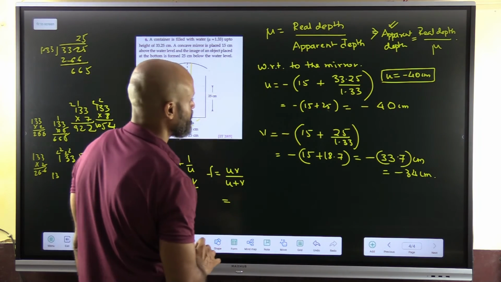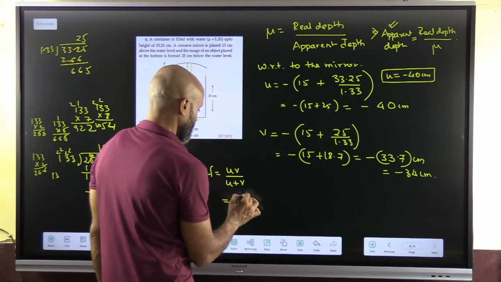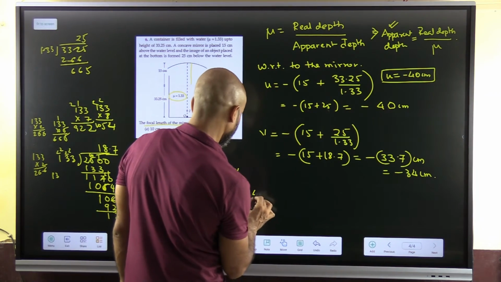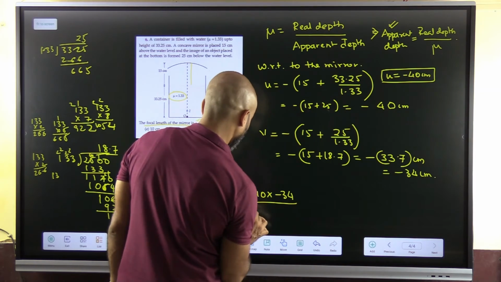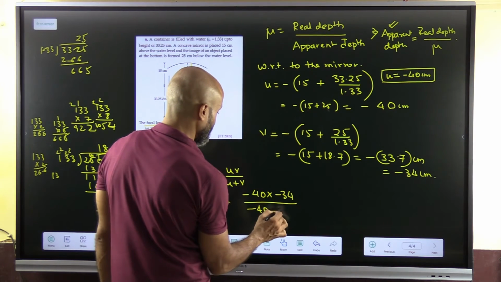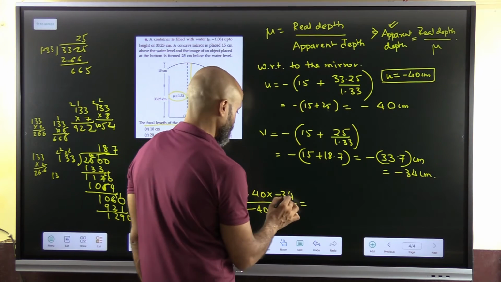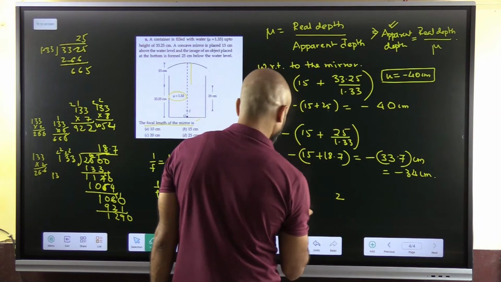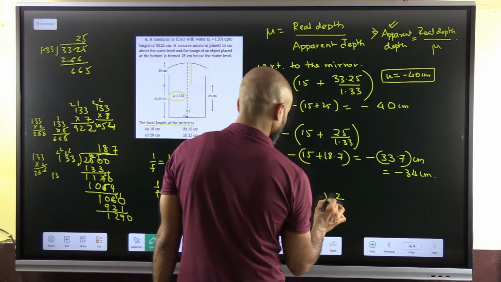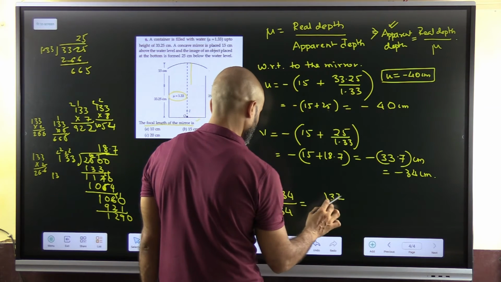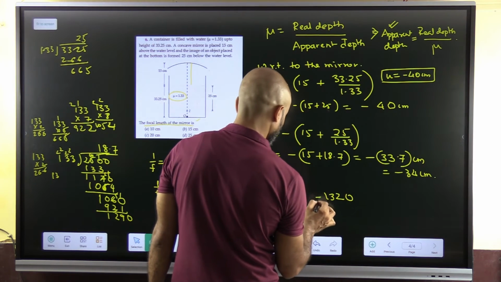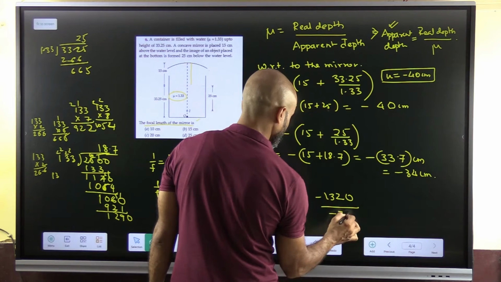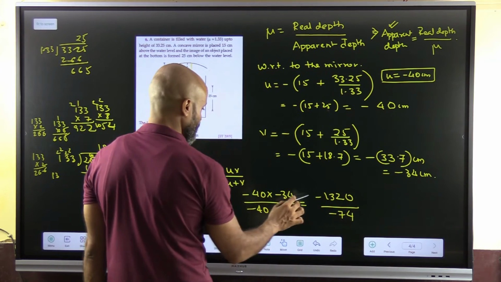That will be minus 40 into minus 34 upon minus 40 minus 34. So that's going to be how much? 3 4s are 12, 4 3s are 12, 1 13, 1320. That will be plus minus 74, so this will be plus.